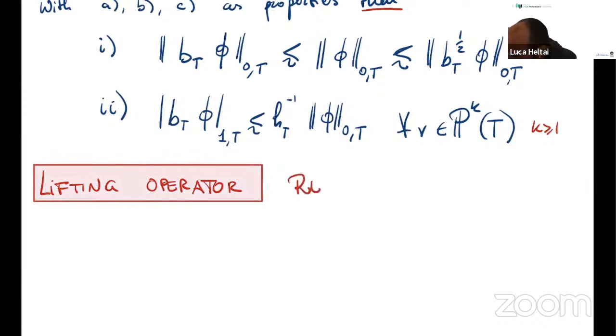And this is usually called R_F, and it goes from F into values in d_F. Actually, sorry, I wrote it wrongly.